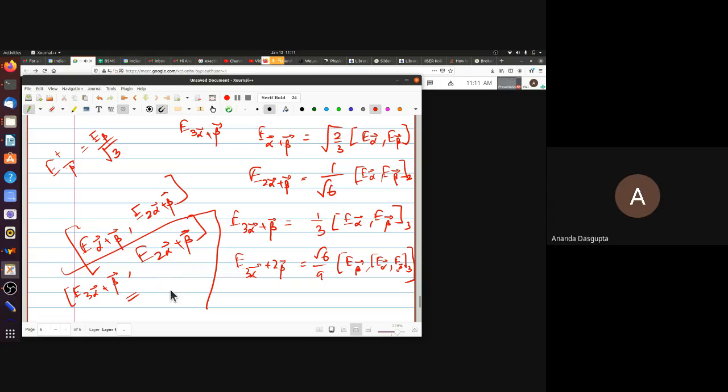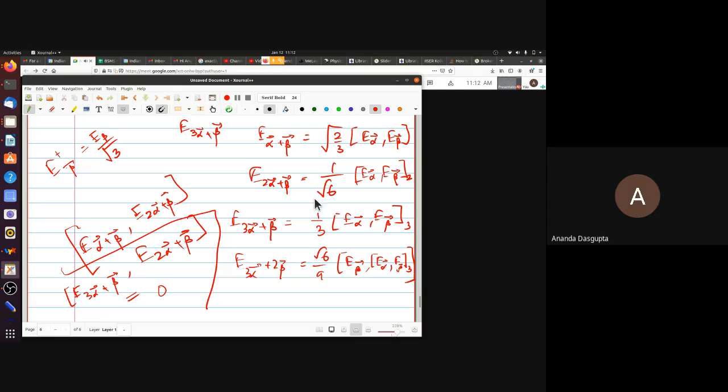It's 0, because 5 alpha 2 plus 2 beta is not a root. We've already worked out all the positive roots, right? So some of them are pretty straightforward. E alpha plus beta, E2 alpha plus beta, on the other hand, is non-zero. It is E3 alpha plus 2 beta times a factor, which you should be able to figure out. That's our homework.